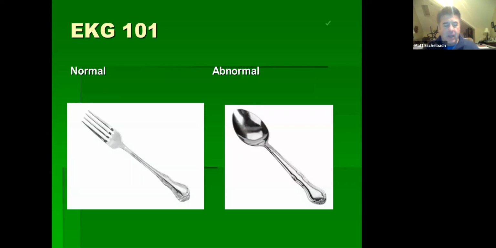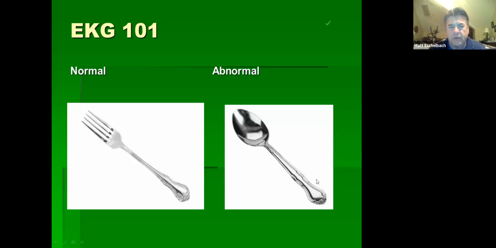Okay, so I want you to look at this image and try and keep it in your mind. EKGs are like anything else that you see and recognize. If you look at them on a daily basis, you know exactly what's going on. So why do I call a fork normal and a spoon abnormal?